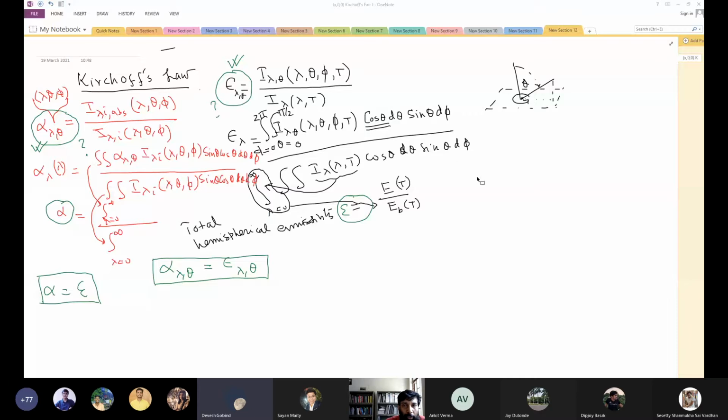No, we haven't come to it yet. I just declared that that happens under certain assumptions. So now I'll show you the assumptions under which that happens. We haven't shown it, and neither have we proved it. I just stated Kirchhoff's law.